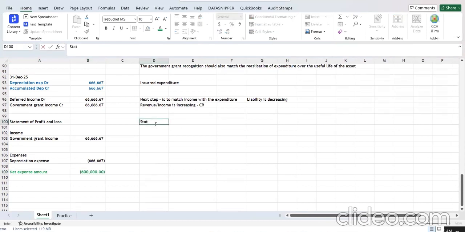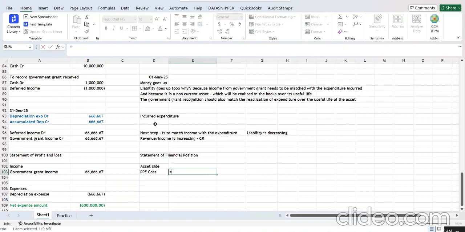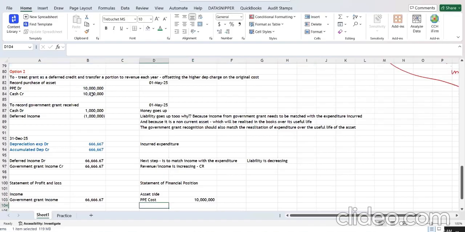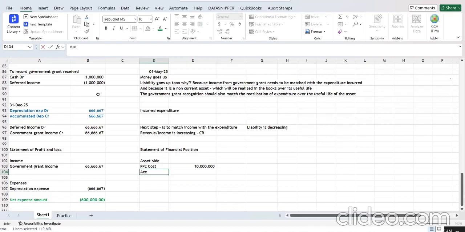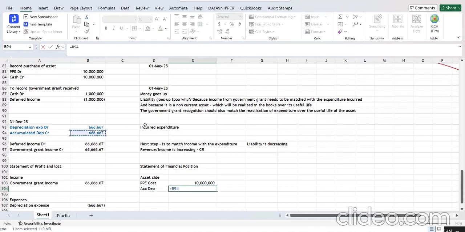So in my statement of financial position, my asset side would have PP&E cost of 10 million, because we have recorded the gross cost, and then the accumulated depreciation would be this much.